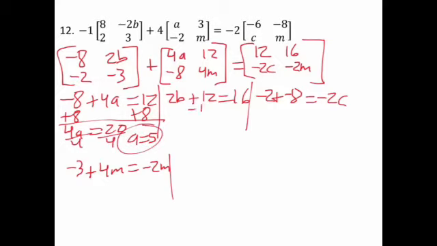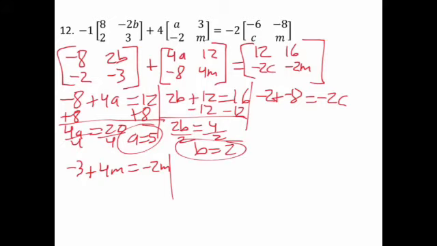On my next one, I'm going to subtract 12 from both sides to get 2b equals 4, and divide both sides by 2 to get b equals 2. And on my next one, I'm just going to combine like terms there, simplify a little bit to get negative 10. On the right side I have negative 2c. Divide both sides by that negative 2.